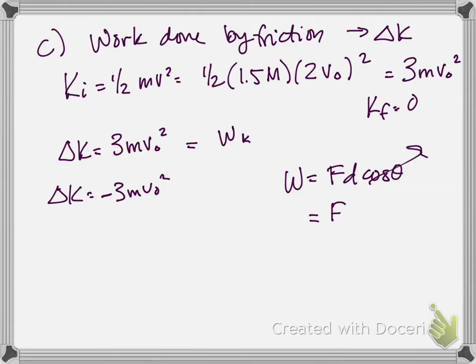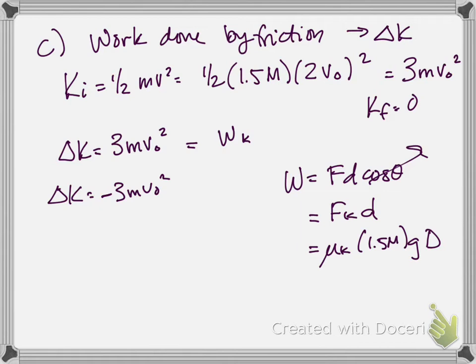The force of friction is mu K times the normal force. Since everything is level here, that's 1.5 m times g. Remember, the mass of the big block is 1.5 m. And then we've got our d because that's the distance.